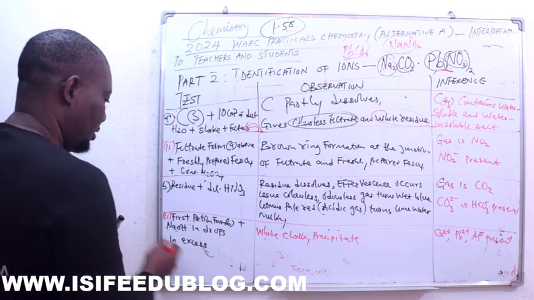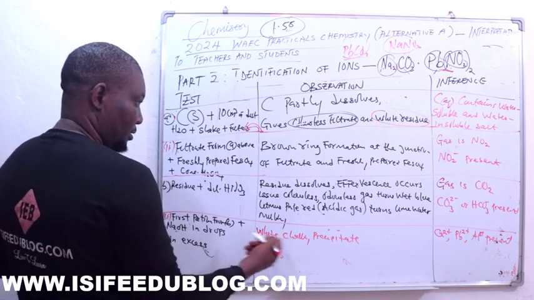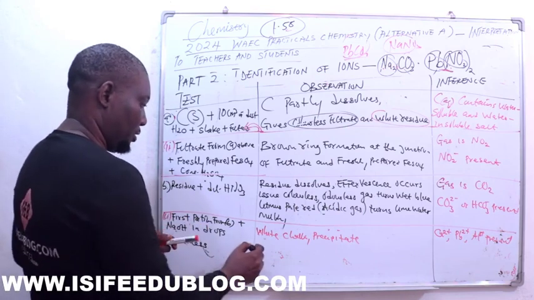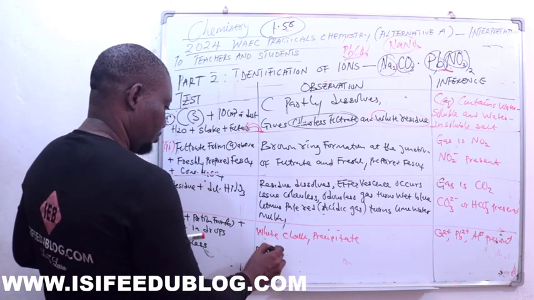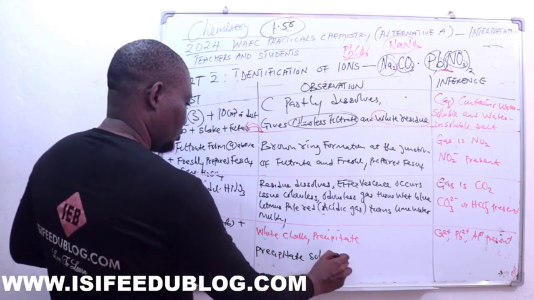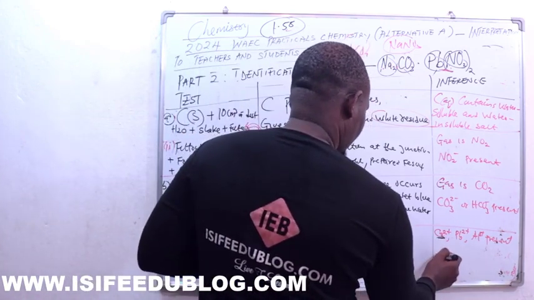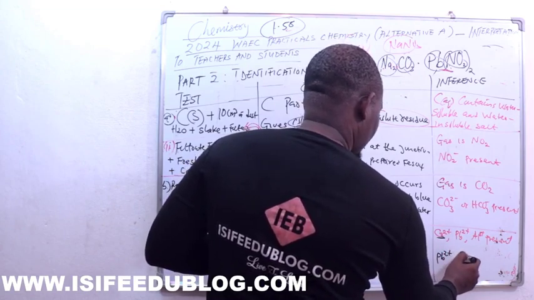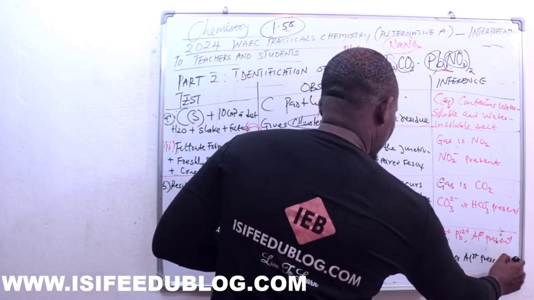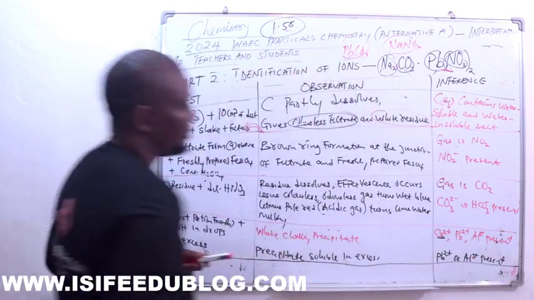In excess, since two of the ions here are amphoteric, the precipitate is soluble in excess. So lead or aluminum is present.